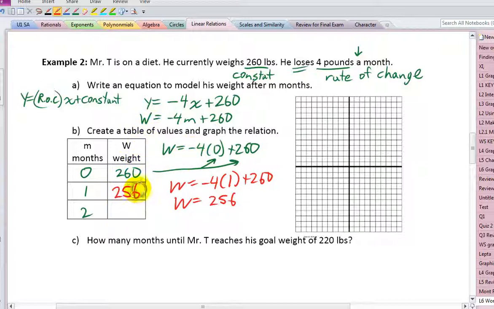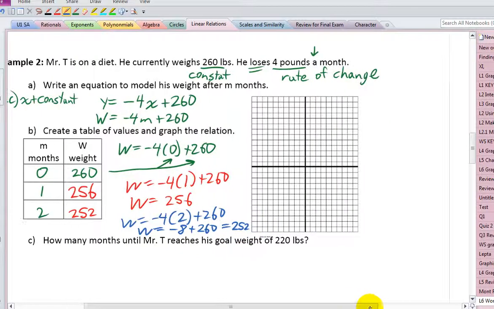So if I minus 4, what should I get? 252. So W for this one, W equals -4 times 2 months plus 260. W equals -8 plus 260. And that's right, 252.